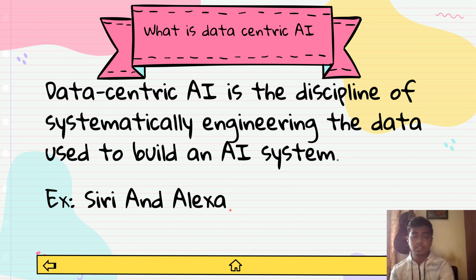The main purpose of this AI system is to understand what the user wants and to interact accordingly, right? There will be a lot of voices and they should understand the particular words, translate them, convert them into their understanding, and act on it. All this will be done in that AI system. So this is the simplest explanation for data-centric AI. We'll go to the next slide.